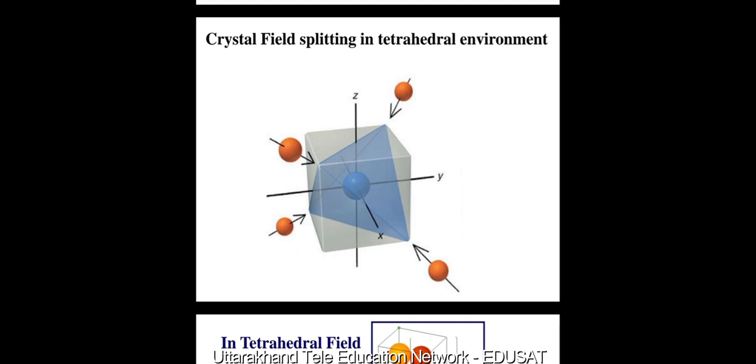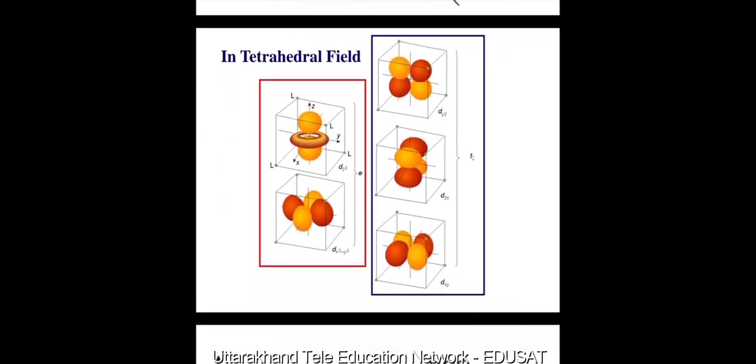while the two orbitals, dx square minus y square and dz square, are lying in between the ligands. As a result of this, the energy of the three orbitals dxy, dyz, dzx increases compared to the energy of the two orbitals dx square minus y square and dz square.